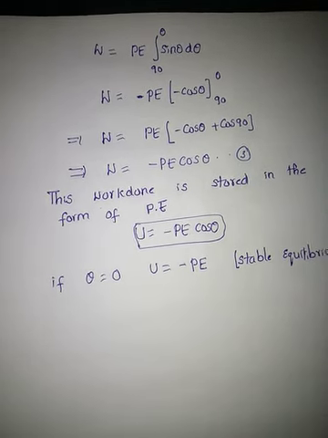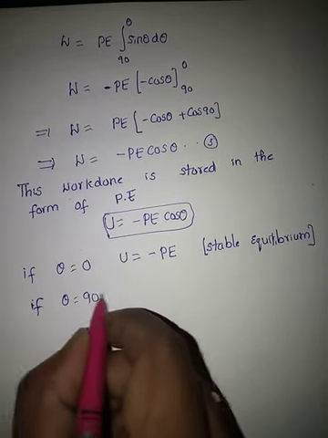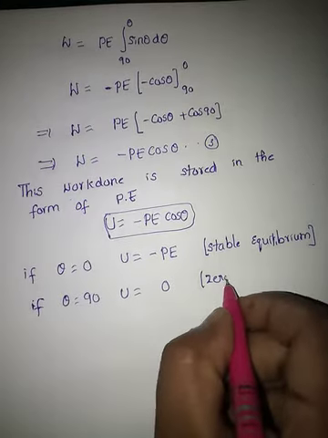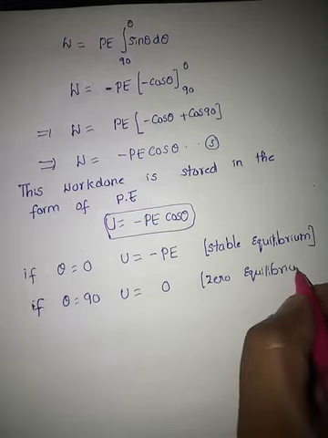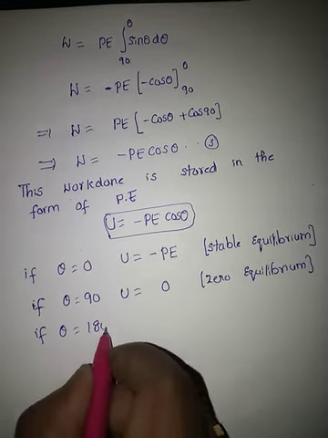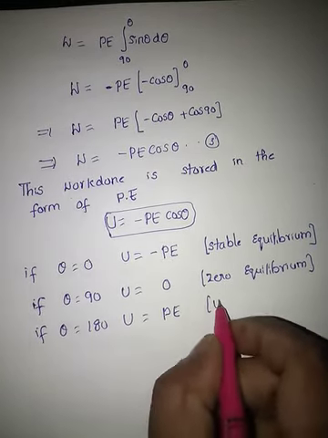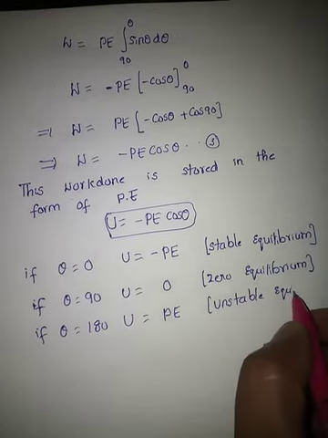If theta is equal to 90, U is equal to 0, this is called zero equilibrium. And if theta is equal to 180, U is equal to plus P, this is called unstable equilibrium.